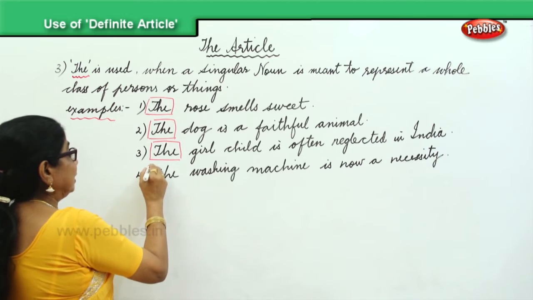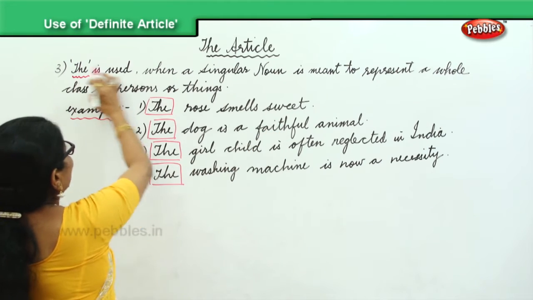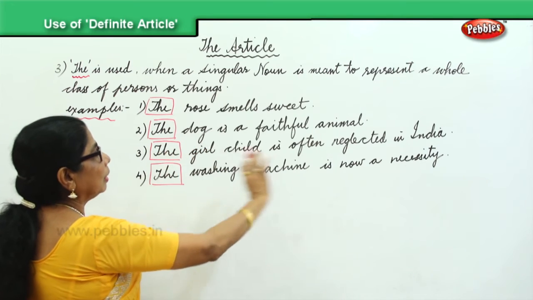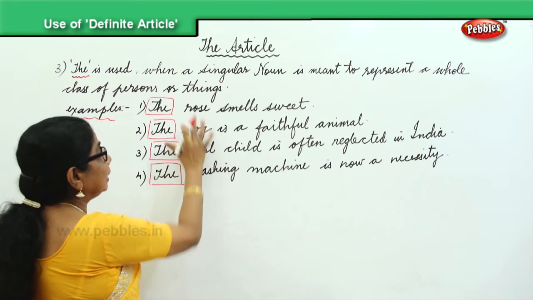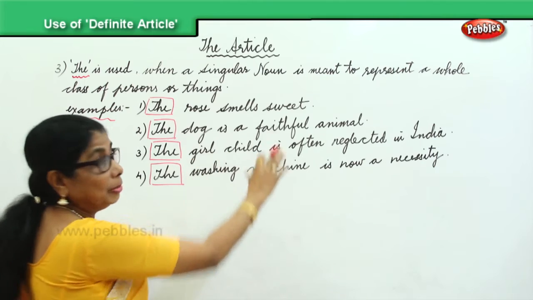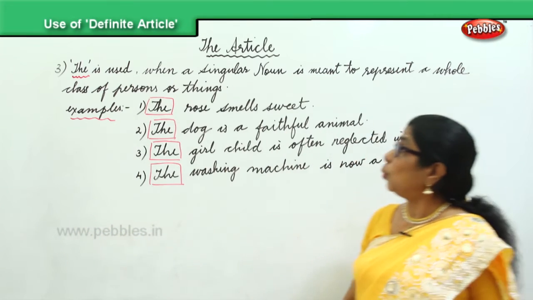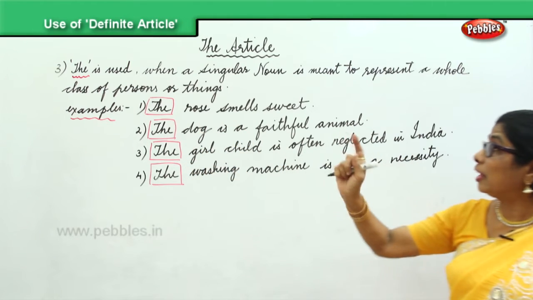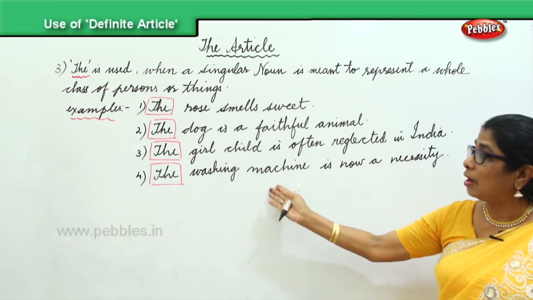The washing machine, now a necessity. So it's used to represent a whole class of persons or things. When you talk about the girl child, all the girl children in India. Here things, washing machine; here roses; here animals. So rose, dog, girl, washing machine are all singular nouns meant to represent a whole class of persons or things.